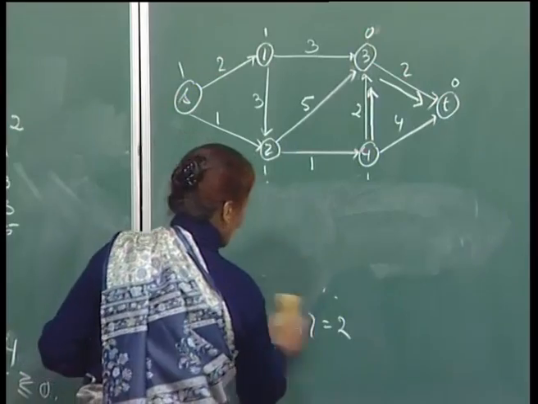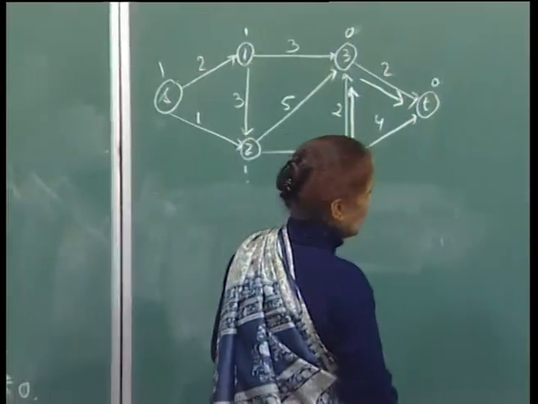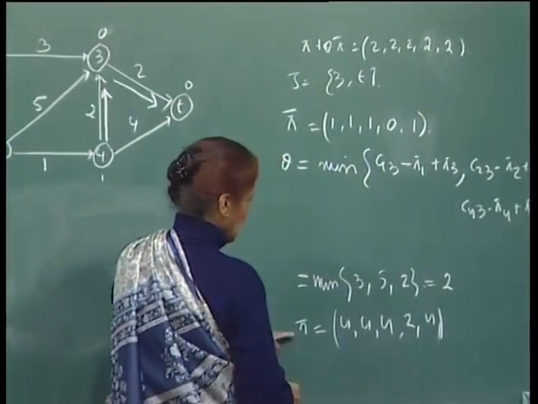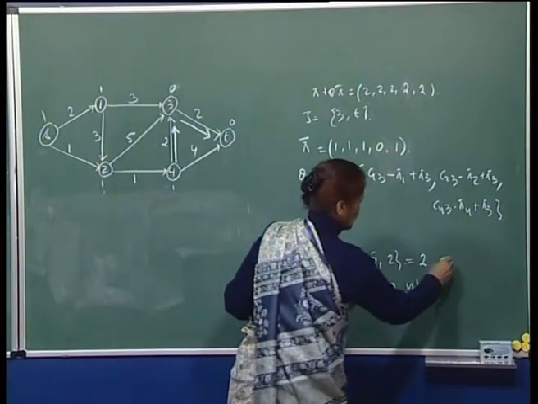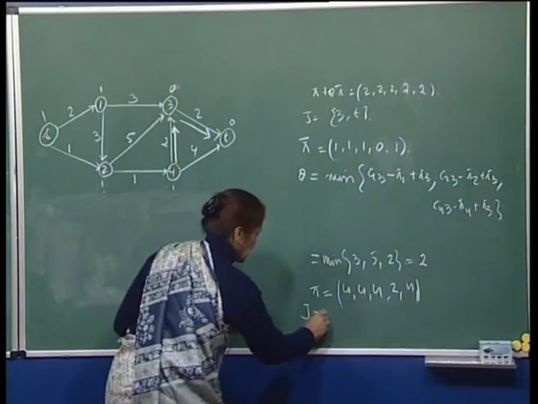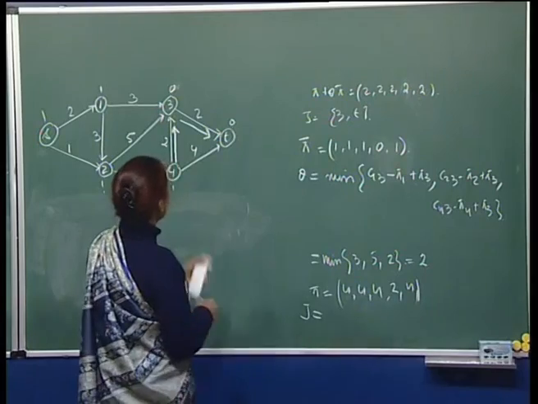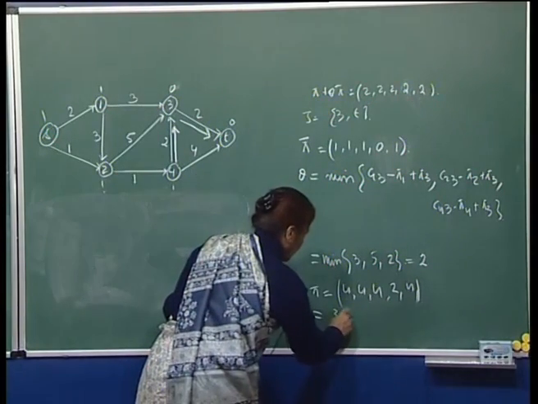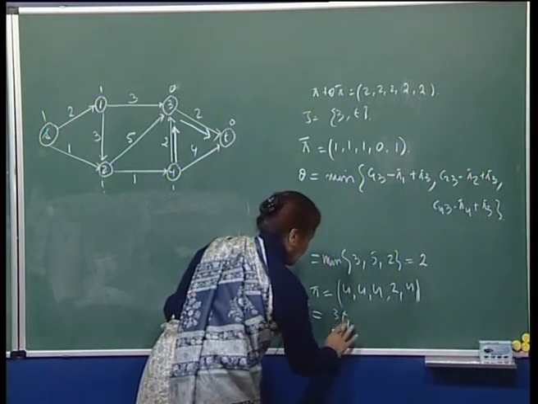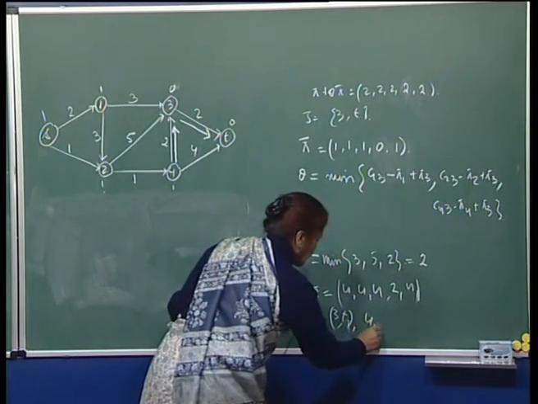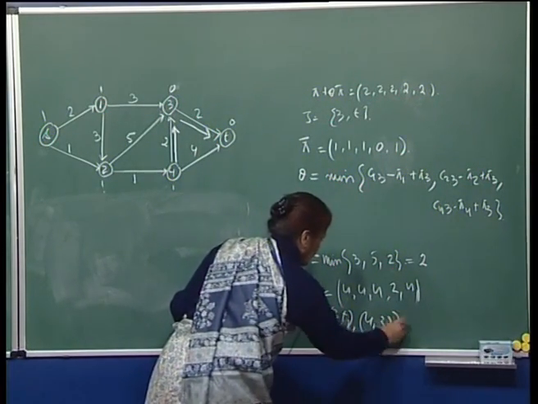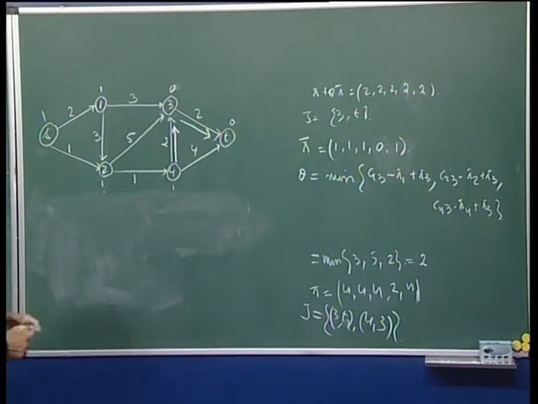Remember, you have to keep updating your J. So, J now consists of 3t and 4 3. This consists of this, right?